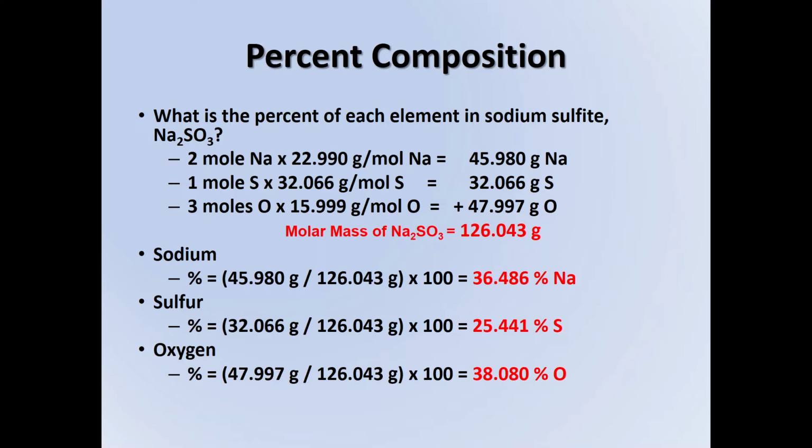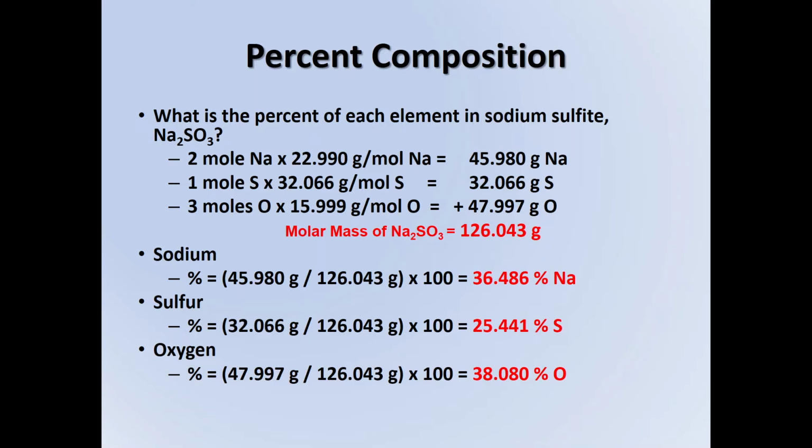I just know that in this formula, I have 2 sodium. So for the total molar mass, I use grams per mole. I don't convert to grams. So look at the periodic table, multiply it by 2. That's how much molar mass of sodium there is for that chemical. Then you do sulfur, then you do oxygen, multiply oxygen by 3, because that's the formula. Then add them together and you get the total mass.